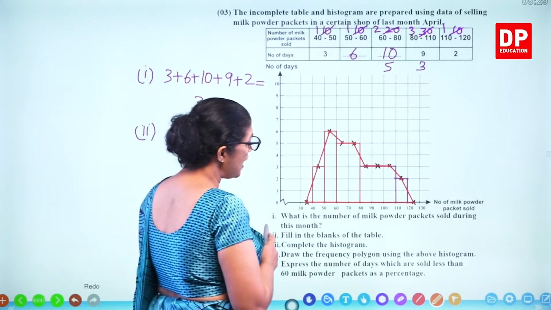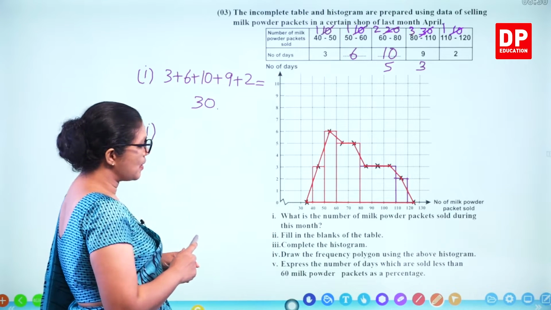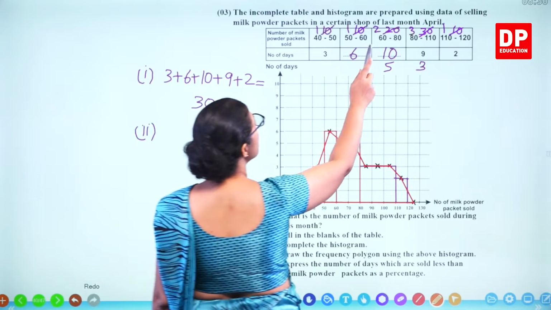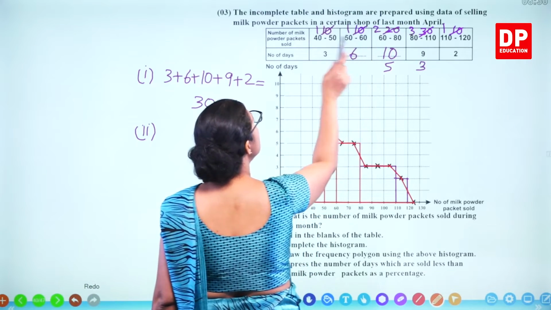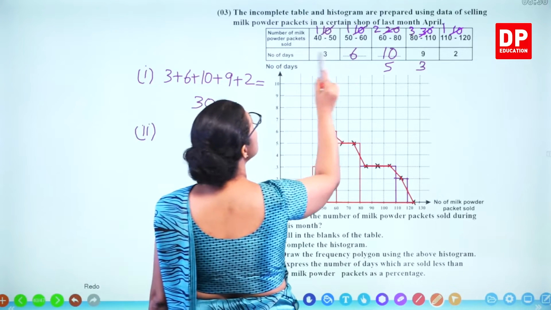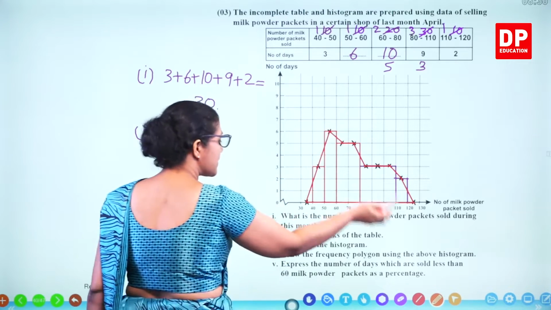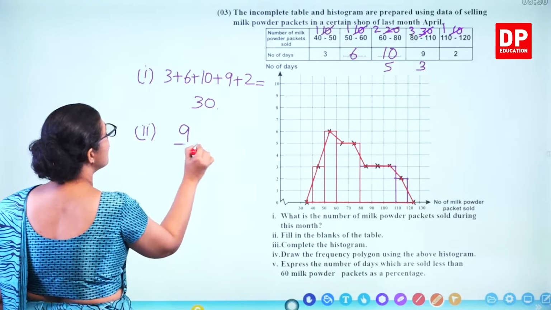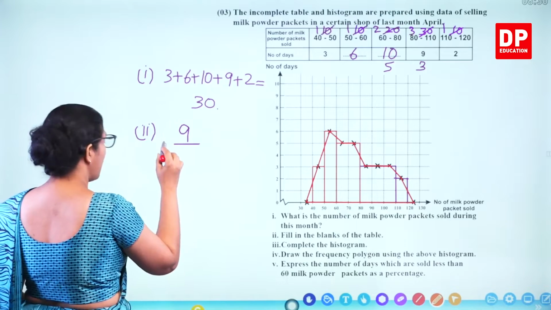Express the number of days which sold less than 60 milk powder packets as a percentage. So here 60 is not included. This side is less. So these two, 3 plus 6, 9. So 9 out of 30, this is part 5.